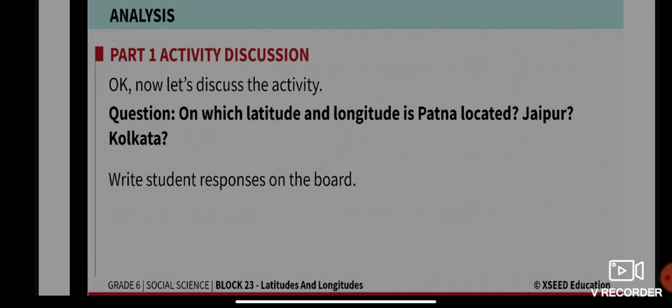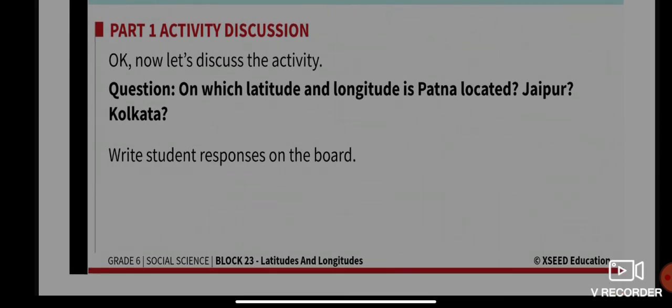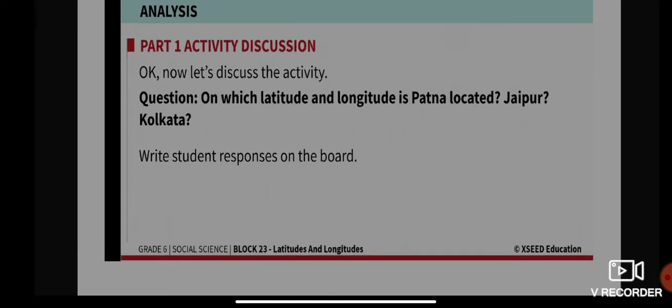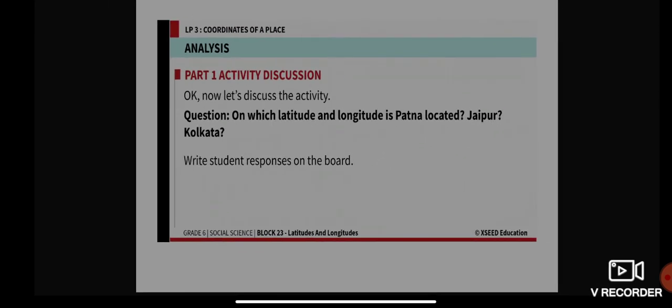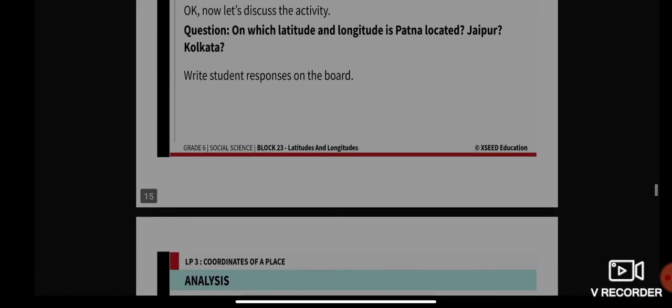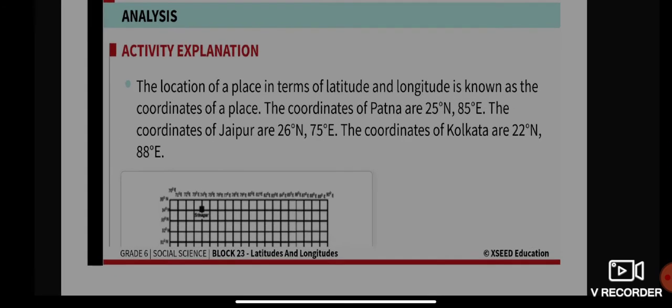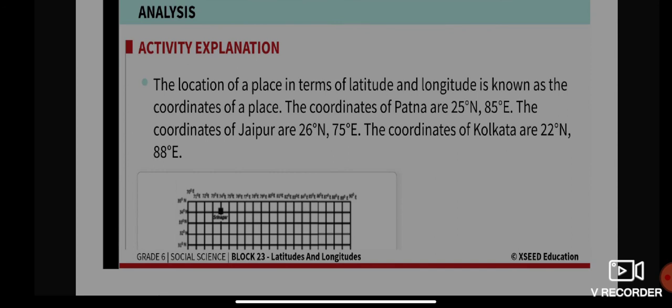Now, on which latitude and longitude is Patna located, or Jaipur or Kolkata? Very simple. You'll see that the location of a place in terms of latitude and longitude is known as the coordinates of a place.